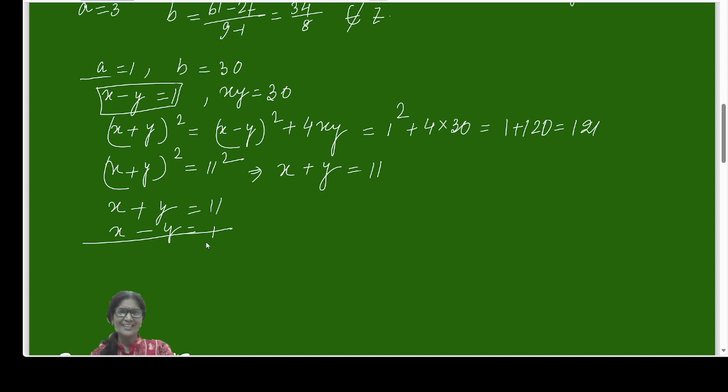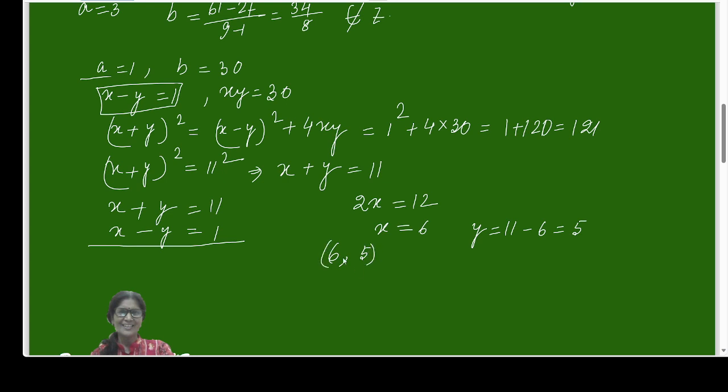Solving these two, I am getting 2x is equal to 12, so x is equal to 6. Then y is equal to 11 minus 6, that will be 5. So 6, 5 is the solution.